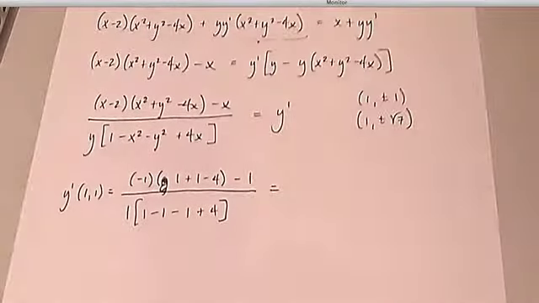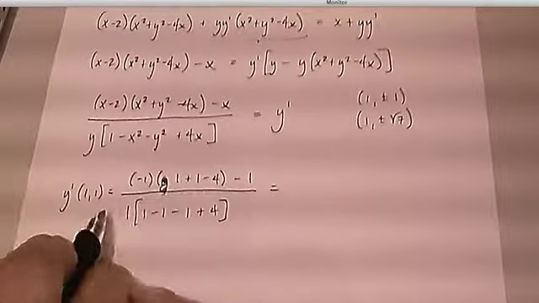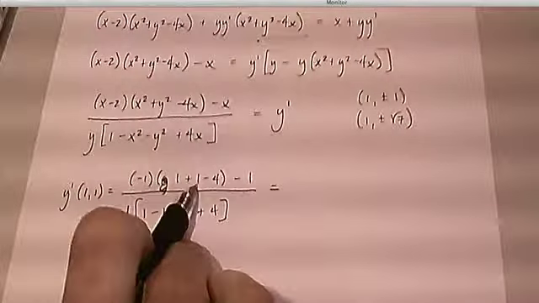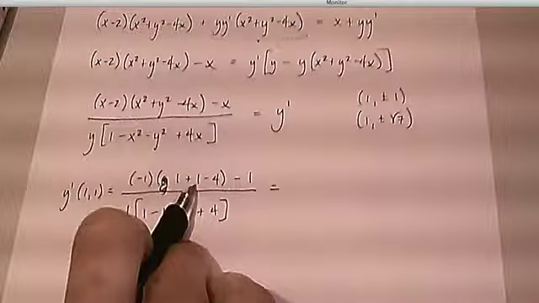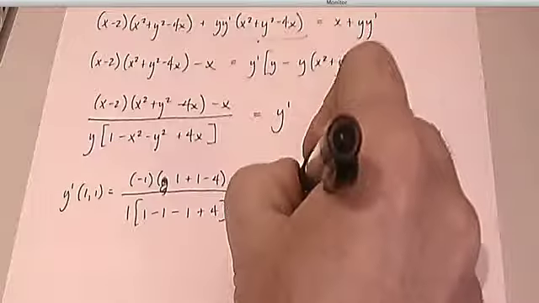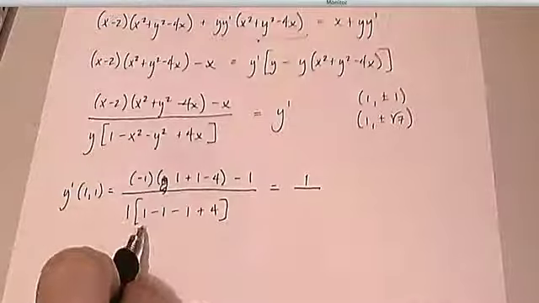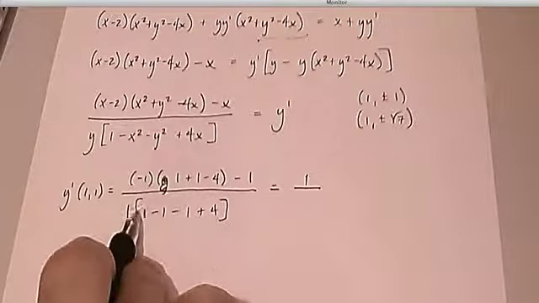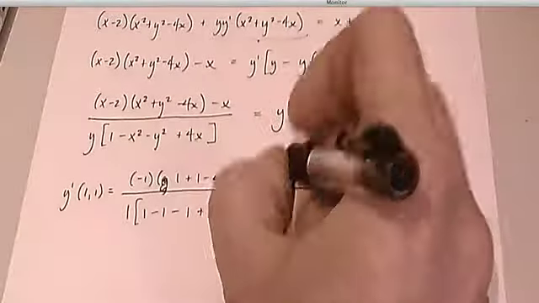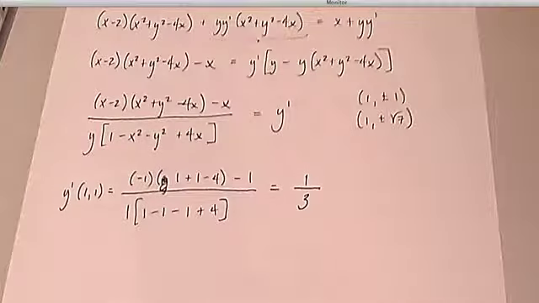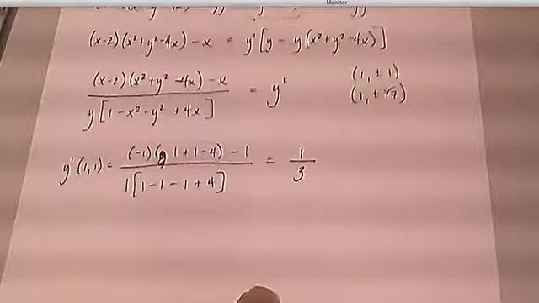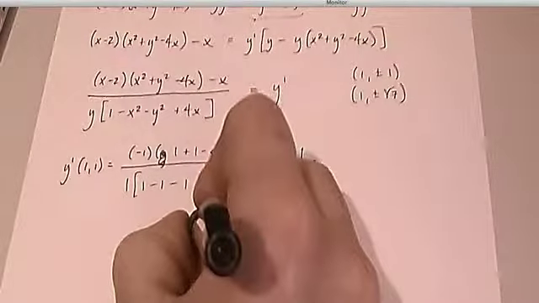Okay, so I've evaluated the derivative at 1, 1. This is going to be negative 1 times negative 2, which is positive 2. 2 minus 1 is 1. And this is going to be inside the brackets 5 minus 2, or 3. So obviously, that's 1/3.